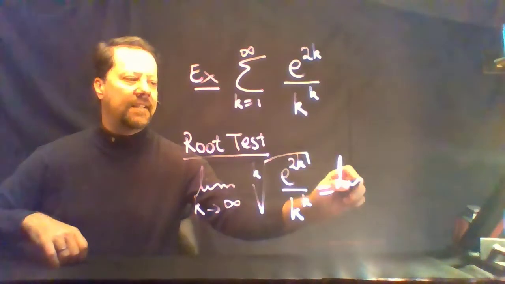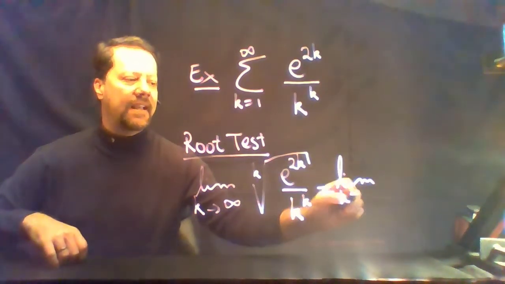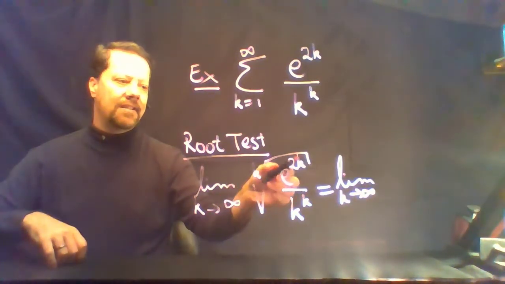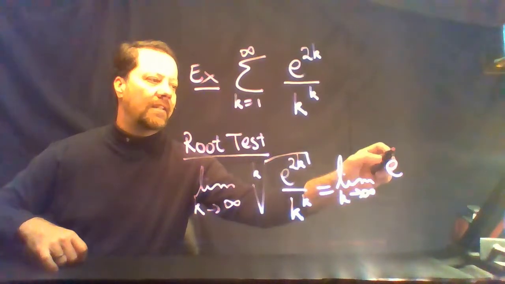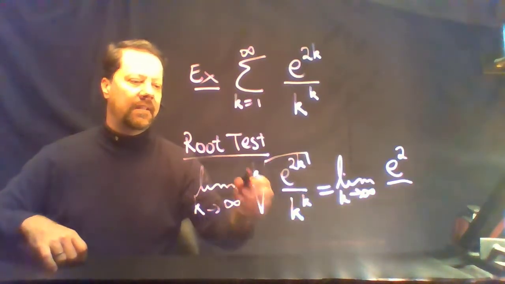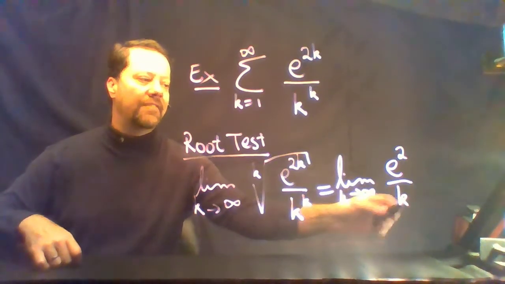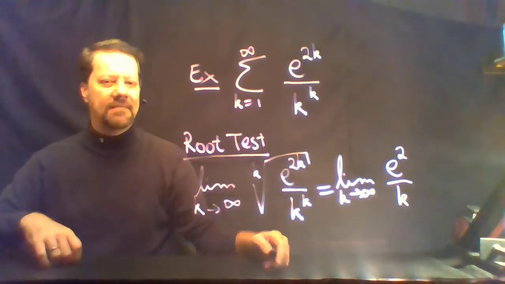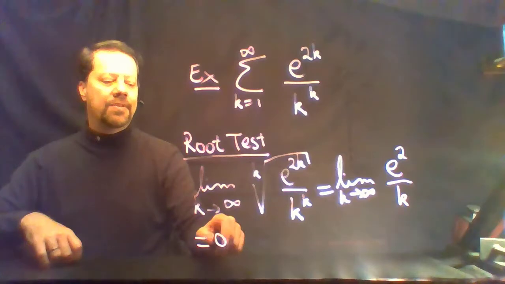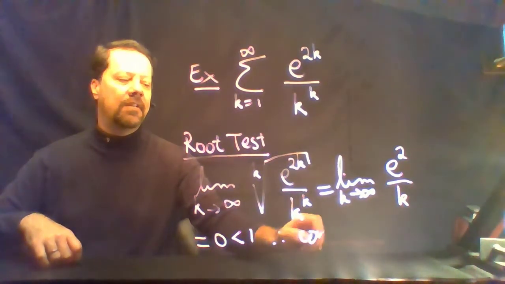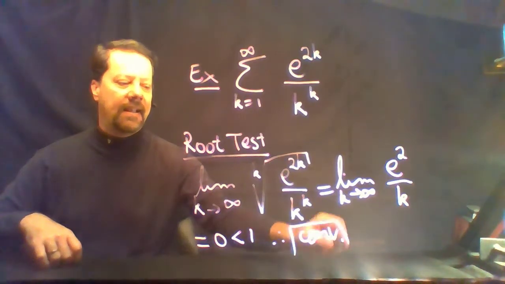This simplifies: the kth root will cancel the power k in the numerator, ending up with e squared, and the kth root cancels the power of k in the denominator, leaving a factor of k in the denominator. The limit is, of course, 0, which is smaller than 1, and therefore the series converges, as we predicted.